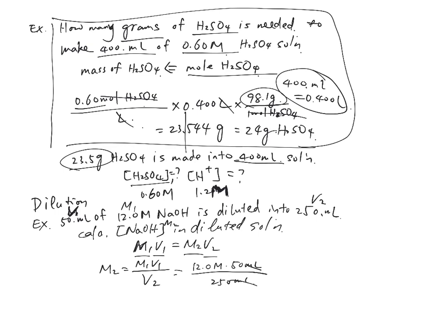Does it matter if you use milliliter or liter in this type of calculation? The answer is no, it doesn't matter. So 12.0 molar times 50 milliliter divided by 250 milliliter, and you end up getting the concentration of sodium hydroxide in the diluted solution. It's 2.4 molar, keeping 2 sig figs.